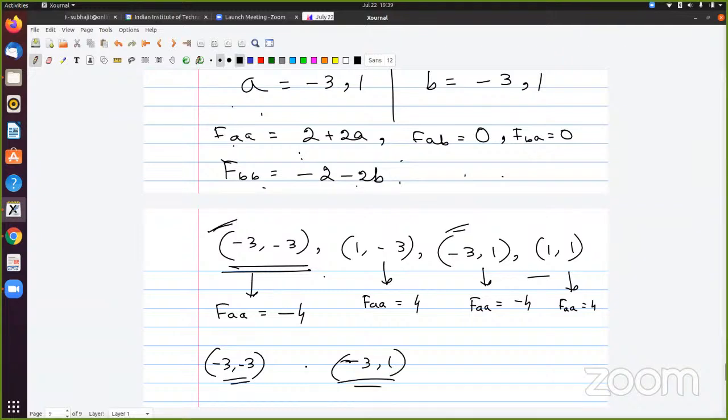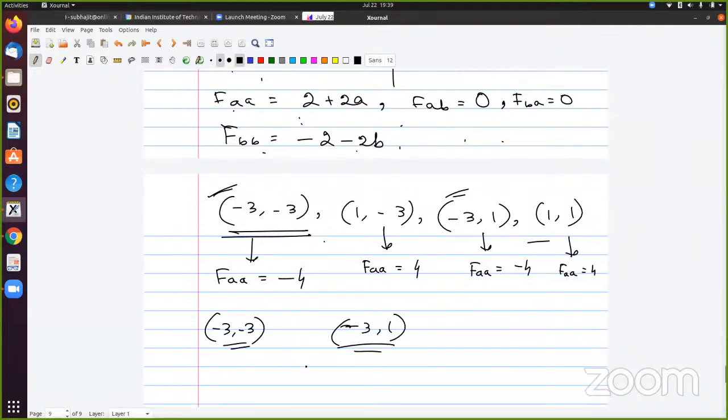Okay. Now for these two, we can calculate the Hessian. So fxx we have already got. What is fyy for this point? This is plus 4. And this one, minus 4.